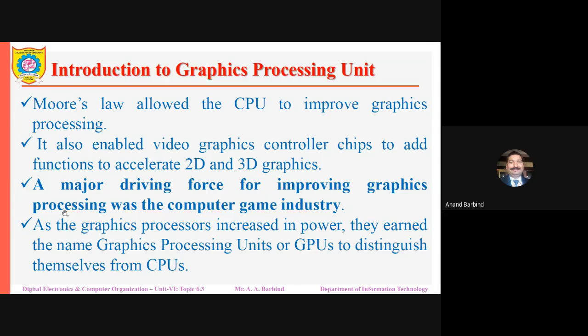So to give that effect, GPUs were developed to support the required graphics. The graphics processor increased in power. They earned the name Graphics Processing Unit, or GPU, to distinguish themselves from the CPU.